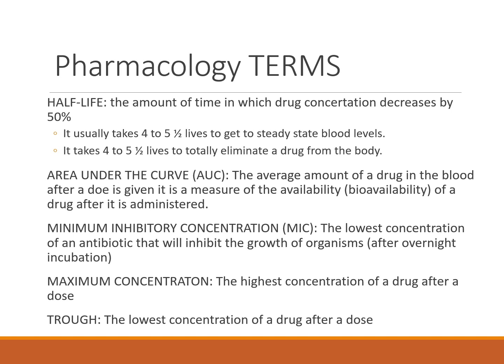The MIC, the minimum inhibitory concentration: the lowest concentration of an antibiotic that will inhibit the growth of organisms after overnight incubation. So this means the minimum antibiotic that will essentially work. A lot of times on culture and sensitivity reports you'll see "less than X," meaning this number is going to work and greater than this is not.